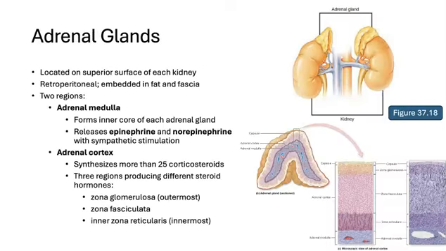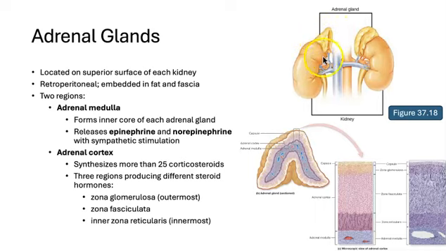Next up, we have our adrenal glands, and these I always like to call the party hats on top of the kidneys. They are going to be retroperitoneal, which means that the parietal peritoneum sits in front of the kidney and the adrenal glands. We also will see that they're embedded in fat and fascia, so sometimes when we're in the lab, we have a difficult time differentiating where the adrenal gland is and where the para and perirenal fat is.